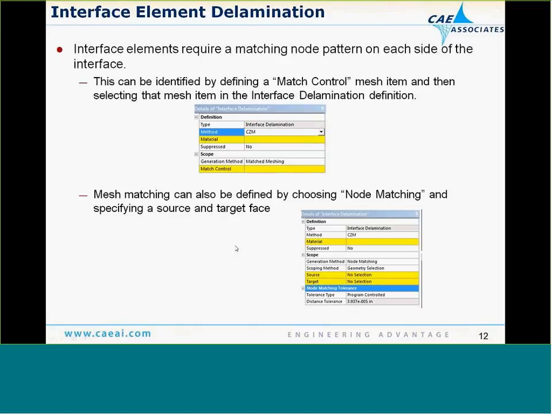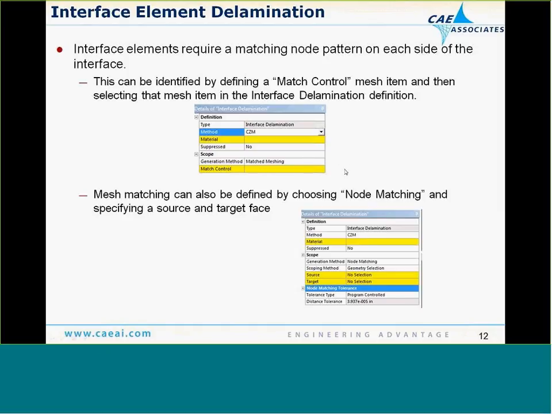The other method of modeling delamination is to use interface elements instead of contact elements. Interface elements are connected between the two sides of the model that are going to separate. Therefore, we need to have a matching node pattern on each side of the interface. So if we insert an interface delamination in Workbench, there's two methods of determining the matching nodes.